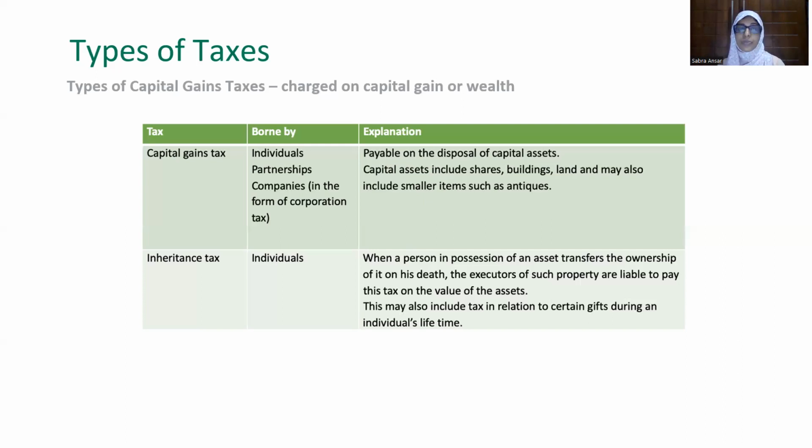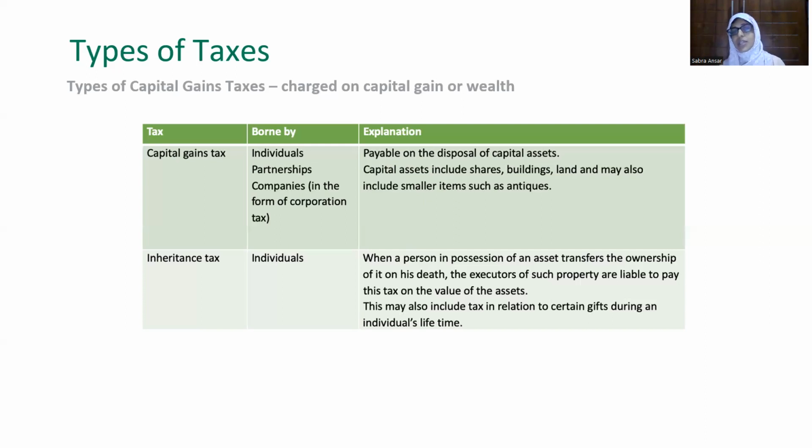inheritance tax. Now, when it comes to inheritance tax, it is borne by whom? Could it be companies or partnerships? Inheritance tax is generally borne by individuals, and it comes in when there is some sort of inheritance involved.